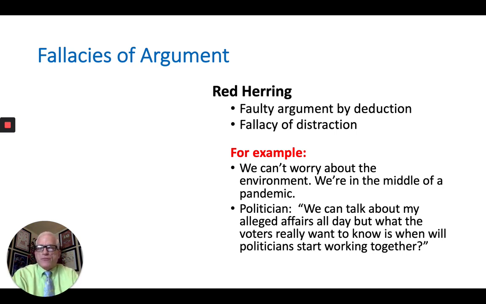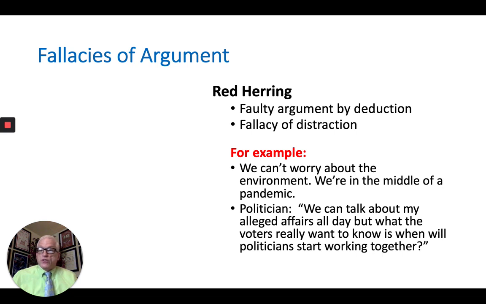Red herring, and if you read the textbook, you know that the red herring fallacy comes from the fox hunts that used to happen in Great Britain. They'd have a fox released, and every contestant would have a team of dogs, and they would pick up the scent of the fox and try to chase it, catch it, and win.